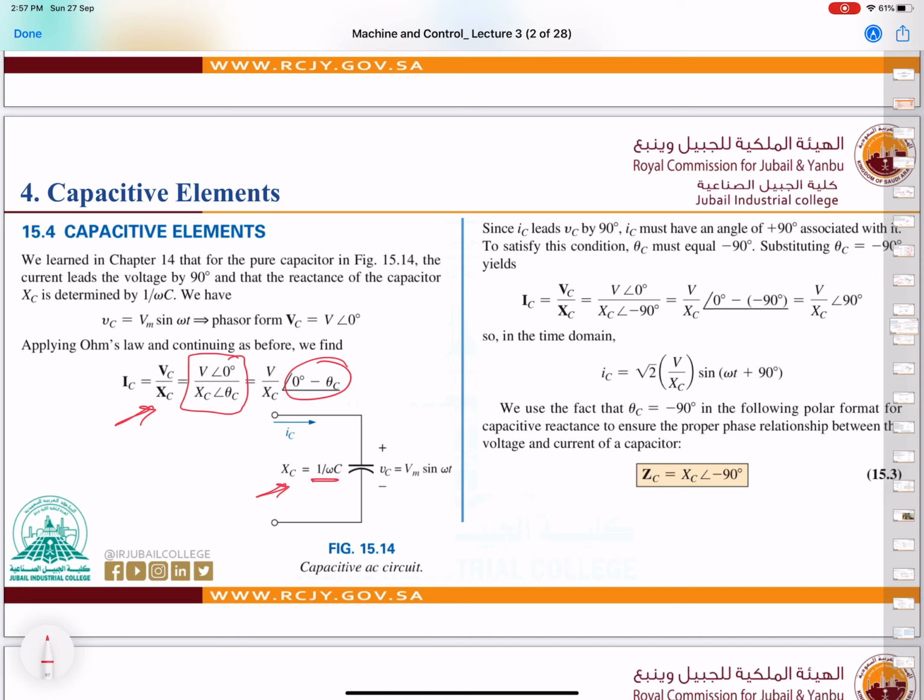Now, for the IC here, we found voltage over XC, which is 0 minus, from the formula, right, shabab? Because if I divide, let's say, 1 with angle 30 divided by 1 with angle, let's say, 40, the value will be 30 minus 40.